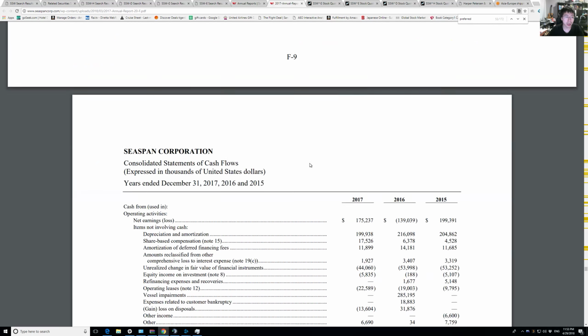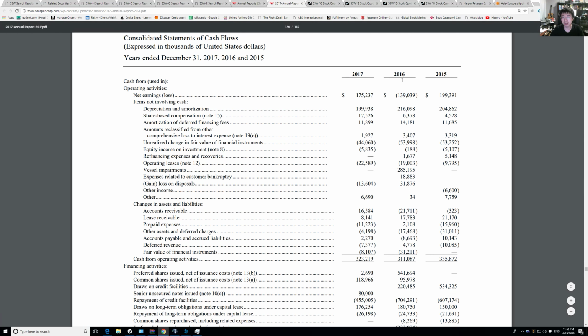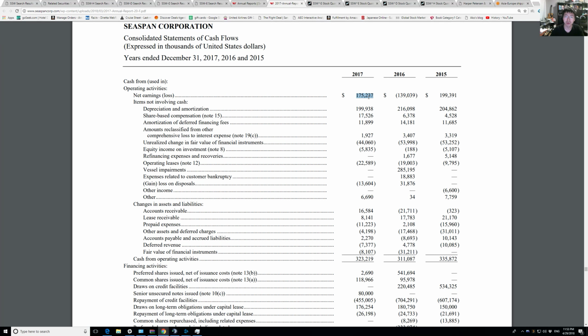And if we look at cash flow, we always need to make sure that there's excess cash flow that can be used to pay the preferred dividends. Their cash flow actually looks pretty good, which is very common in these shipping industries, because once you bought the ship, they depreciate, and the depreciation doesn't show up on the cash flow.